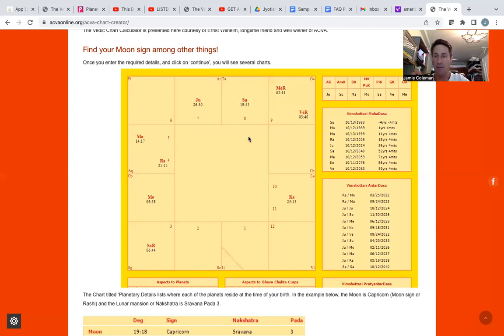Now, lastly, the biggest thing that we look at are the planets, of course, because each planet has a very particular energy that it's associated to. And these energies are going to then influence those areas of life in particular ways. So, for instance, I'll just pick one or two. Jupiter is what they consider a benefic planet, typically.